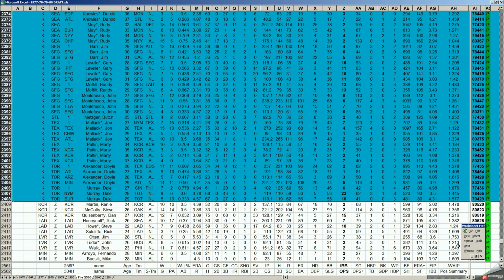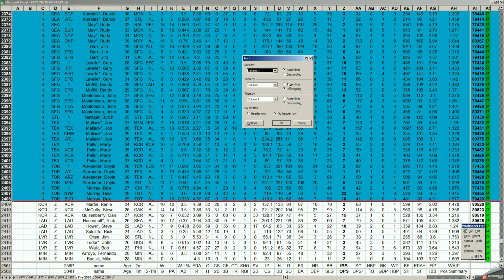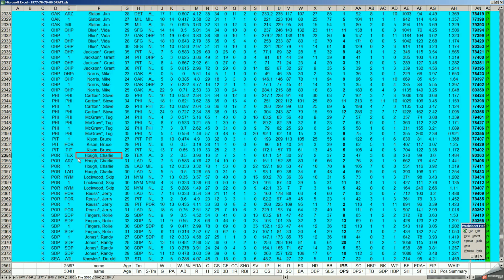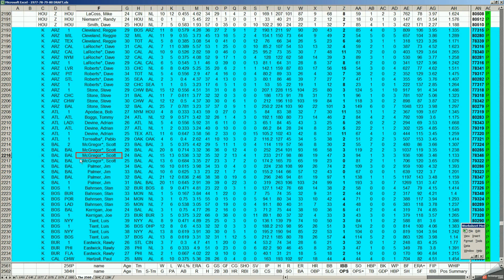Okay, so we'll go data, sort, D, F in ascending order, and then AH in ascending order. And let's see how this turns out. All right, when we do that, we should get 8 Arizona and Atlanta combined pitchers.